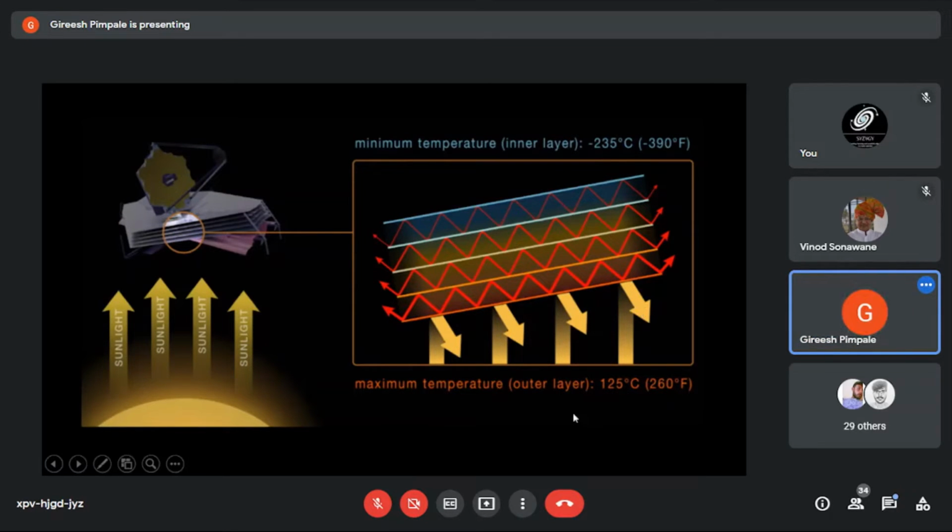On the sun side, the temperature is 125 degrees Celsius, while on the other side, the temperature has dropped to minus 235 degrees Celsius. This is an incredibly low temperature. This is possible because of the 5-layer sun shield used in the telescope. Therefore, the temperature of the telescope will be in this range, minus 235 degrees and some closer value.